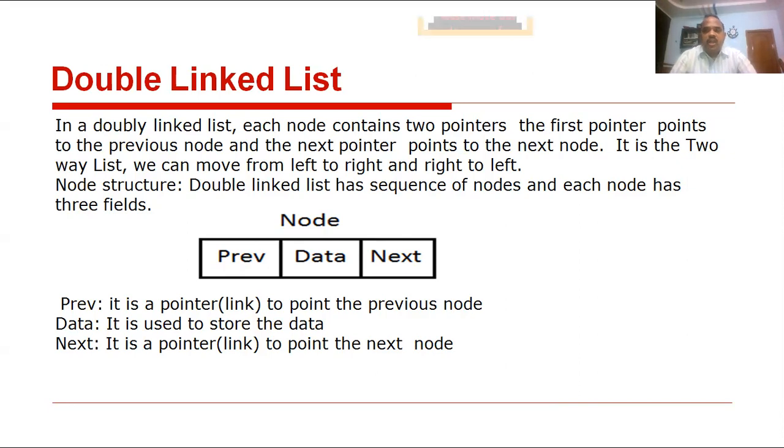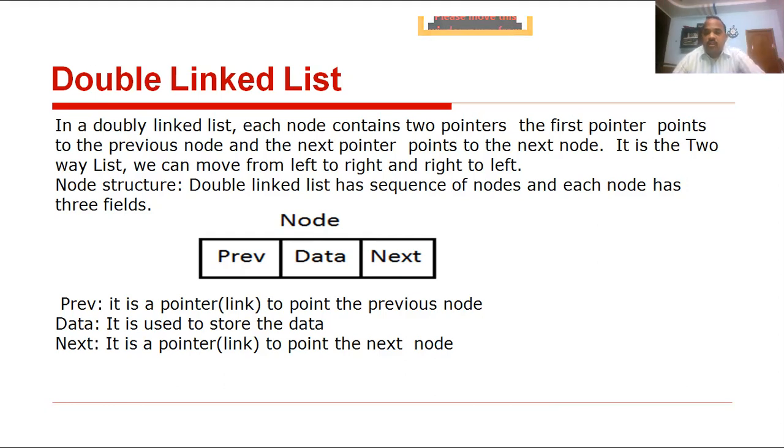In a double linked list, each node has 3 parts. I mean here 2 pointers. The first pointer holds the previous node address.